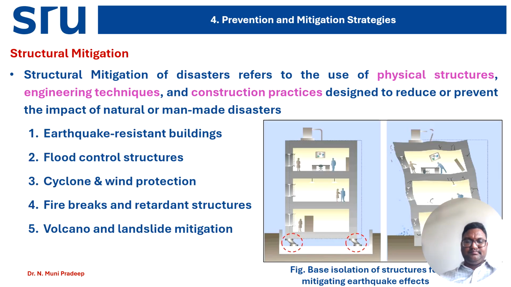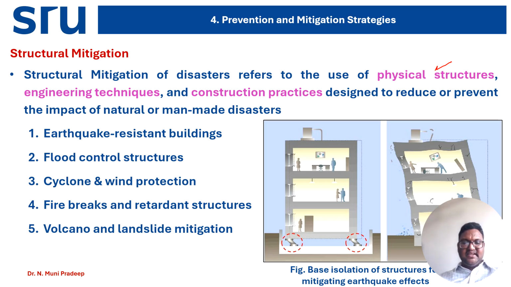So now, these are the structural mitigation. The structural mitigation of disasters refers to the use of physical structures, engineering techniques, and construction practices designed to reduce or prevent the impact of natural and man-made disasters.